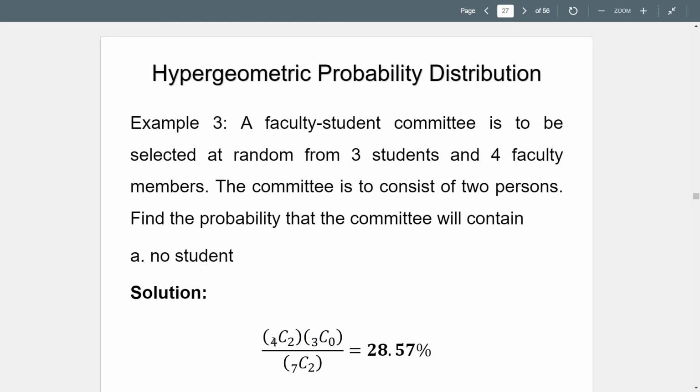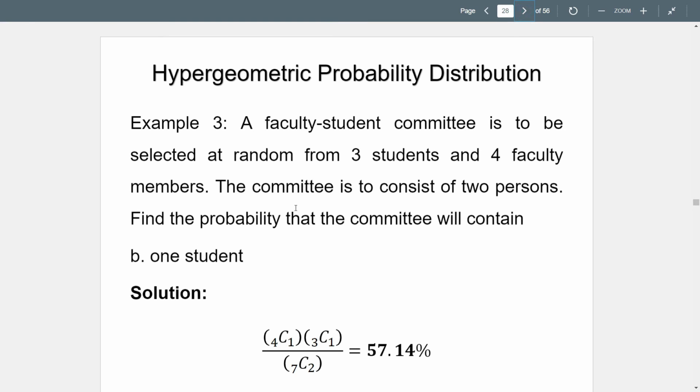The total is 7 from the selection, and 2 of them will be selected, so you'll have 7C2 for the denominator. You'll have a 28.57% probability that the committee will not contain a student.